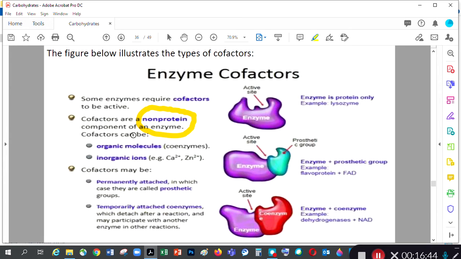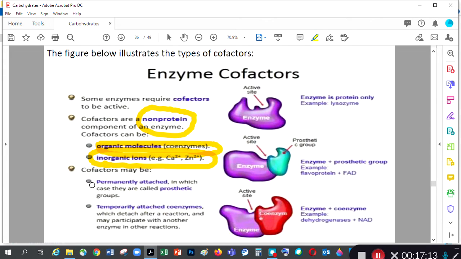And those cofactors can be of two types. We have organic molecules called coenzymes, or inorganic ions such as calcium, zinc, magnesium, and so on. So two types. They are non-protein. They are not part of the chain of amino acids, and they are not produced in the body, but they are taken as supplements.